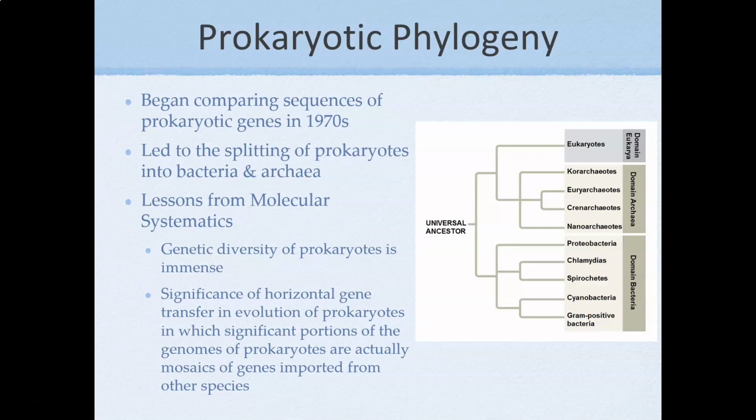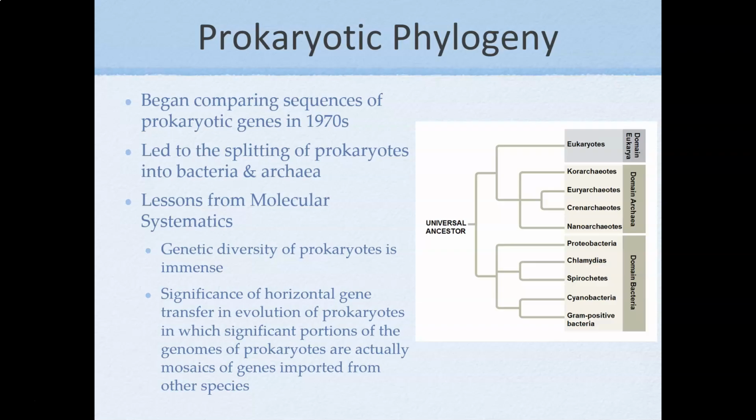The eukaryotes all stayed in their own domain, and then we split out into kingdoms, classes, phyla, and so on. But when we looked at the prokaryotes, we realized we needed to split them into bacteria and archaea, because those archaea species are actually more closely related to eukaryotes in terms of their genetics than the bacteria are. And so we needed to do some rearranging, which is where the three domain system came from.